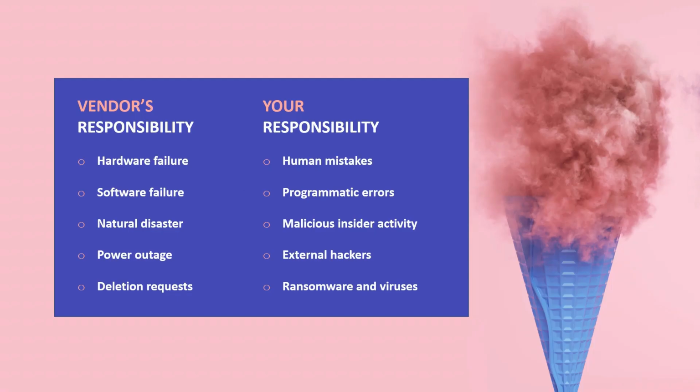So to split it out real simply, the vendors' responsibility, so Microsoft, Google, or whoever you've got your data with, is things like hardware failure, software failure. If your data center is in Florida, maybe it goes down because of a hurricane, right? Power outages, deletion requests. Those things are the vendor's responsibility, and they have backups for that, right?